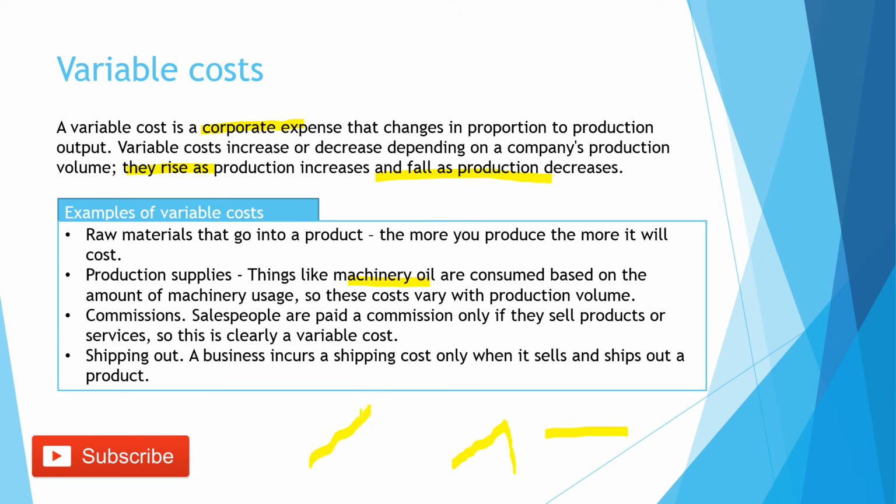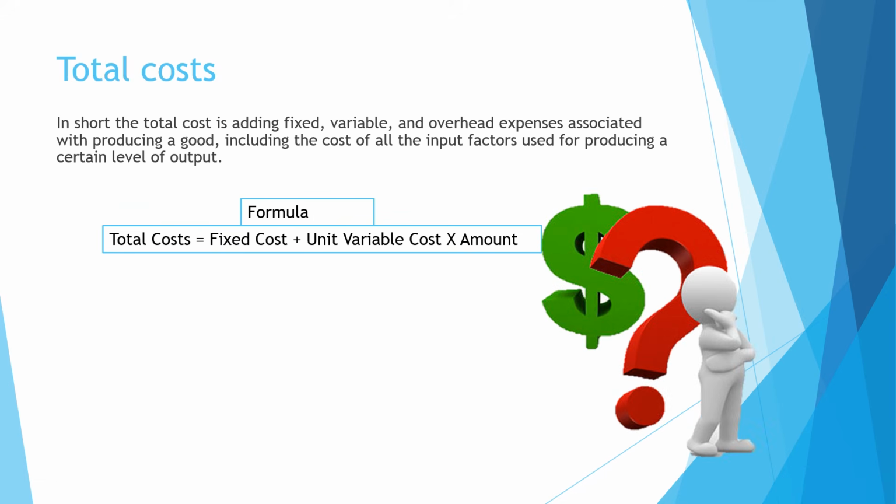You'll have to pay postage for these items to go to the customer. But if for a week you don't have that many shipment costs, the variable cost is going to be down. Good stuff. I know you understand that very well, and that's why we're going to move on to total cost.